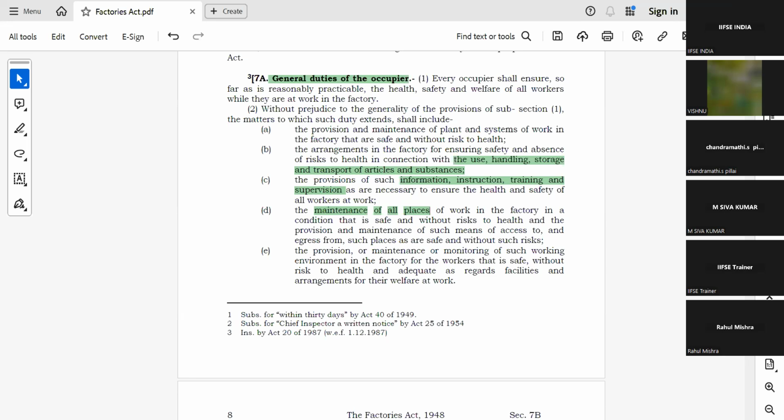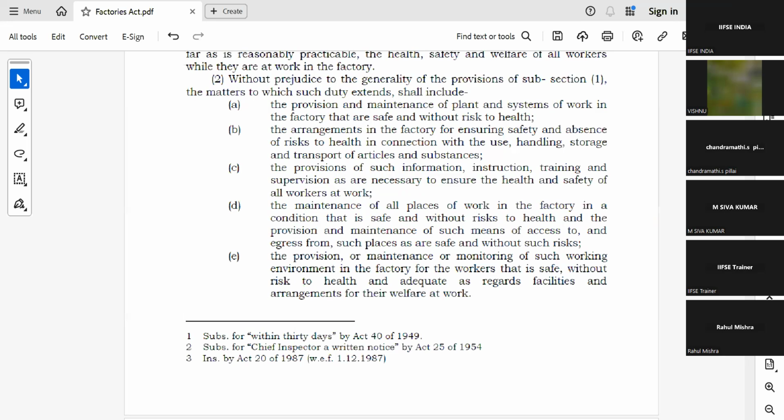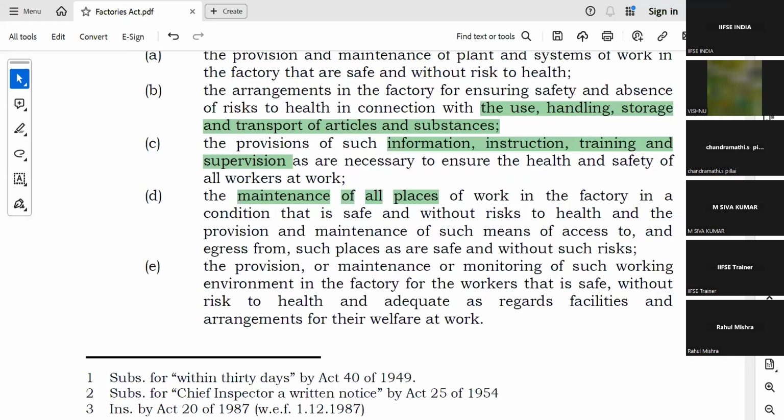As we've seen, maintenance is one part, where you can access and egress, in the sense of how you reach that specific workplace and how you can come back from that workplace.